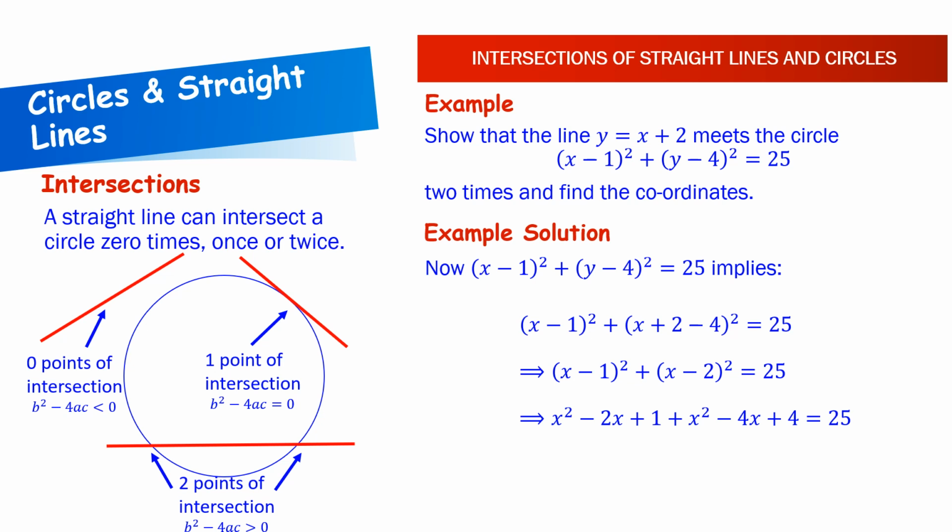Expanding, (x minus 1) all squared gives us x squared minus 2x plus 1. And expanding (x minus 2) all squared gives x squared minus 4x plus 4. And of course 25 remains as it is.